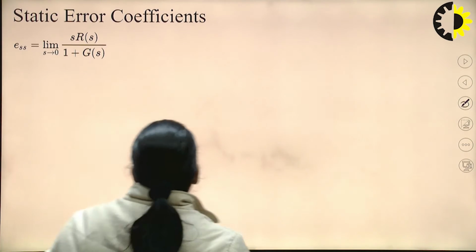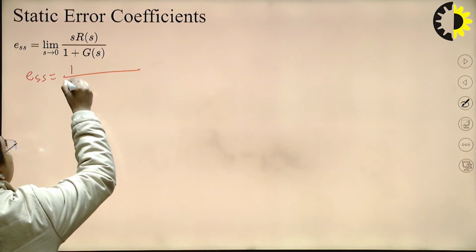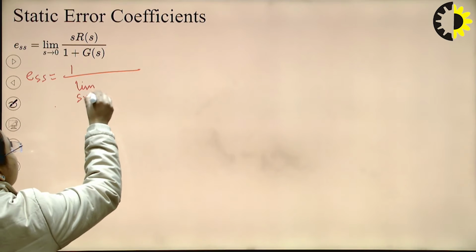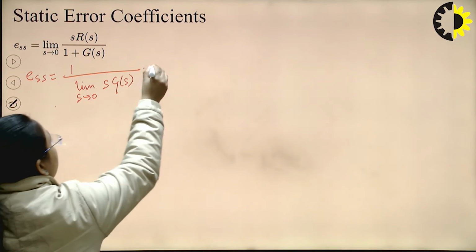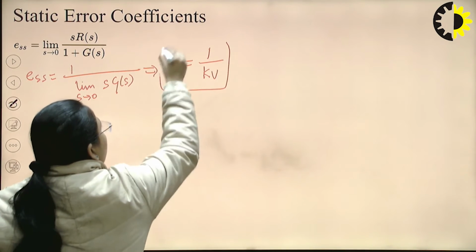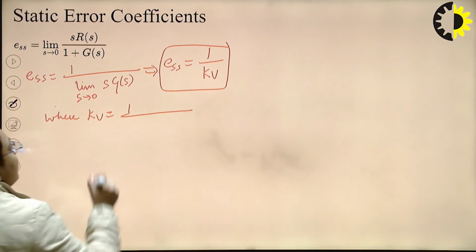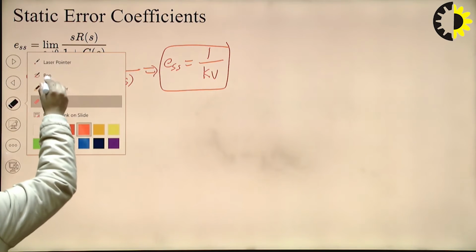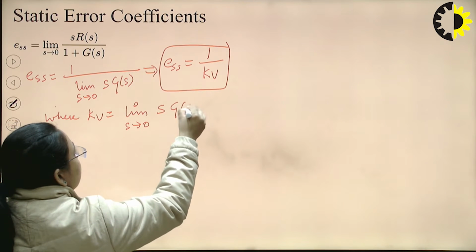So ESS will be equal to 1 upon limit s tends to 0 of s into G(s), which can be written as ESS equal to 1 upon Kv, where Kv will be equal to limit s tends to 0 of s into G(s).